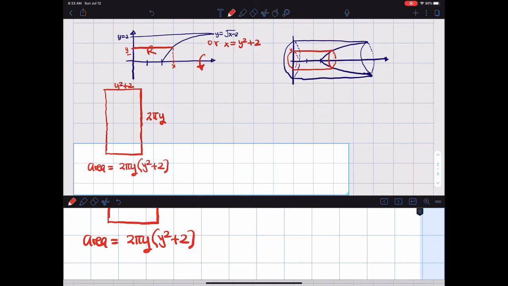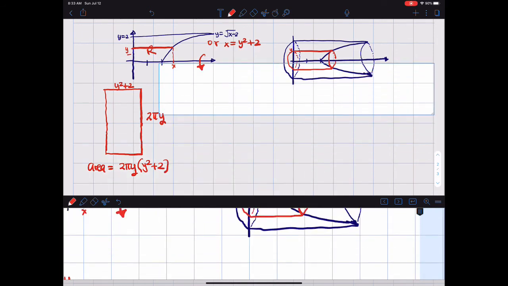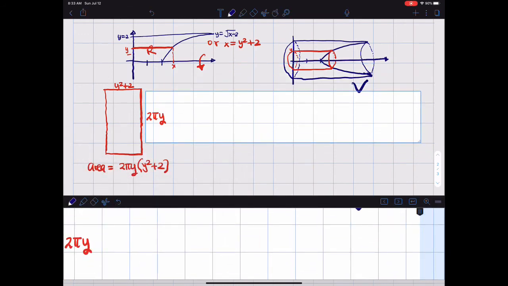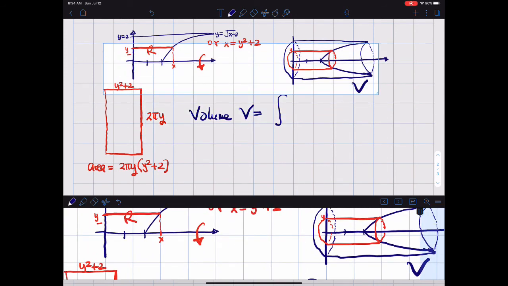So let's come back to our solid. We're looking for the volume V, which is now going to be the integral. Where are we going from? We're running along the y-axis because we've written everything in terms of y now, and because the shell can be expressed well in terms of y.